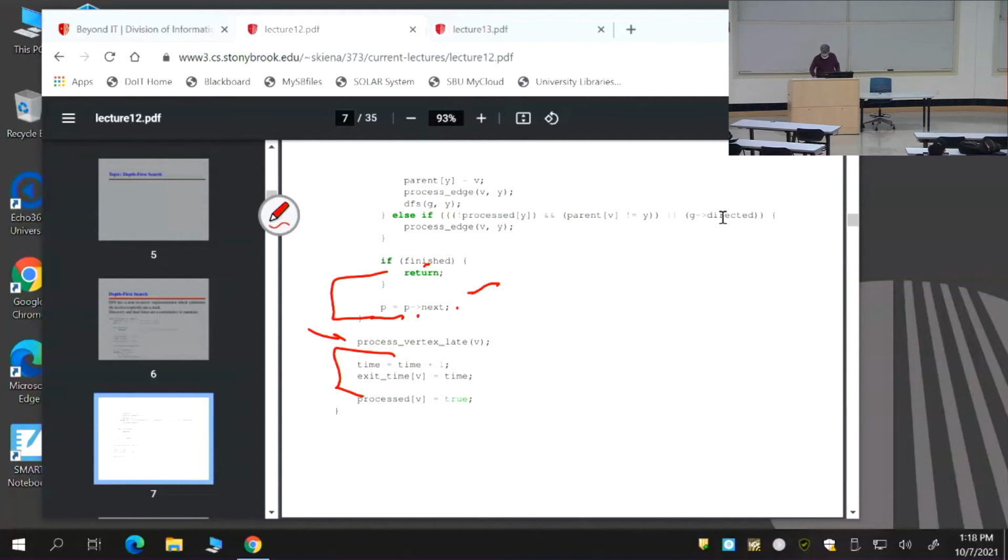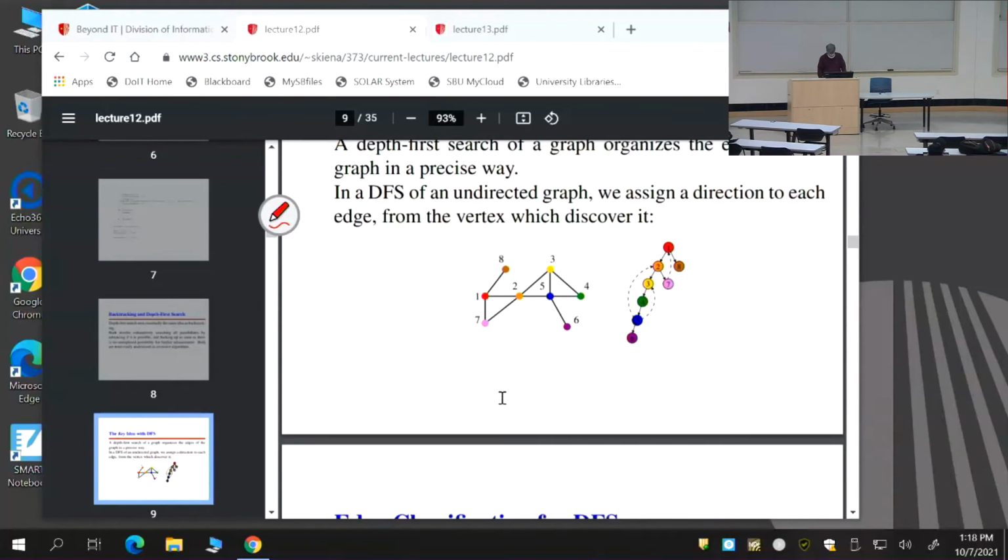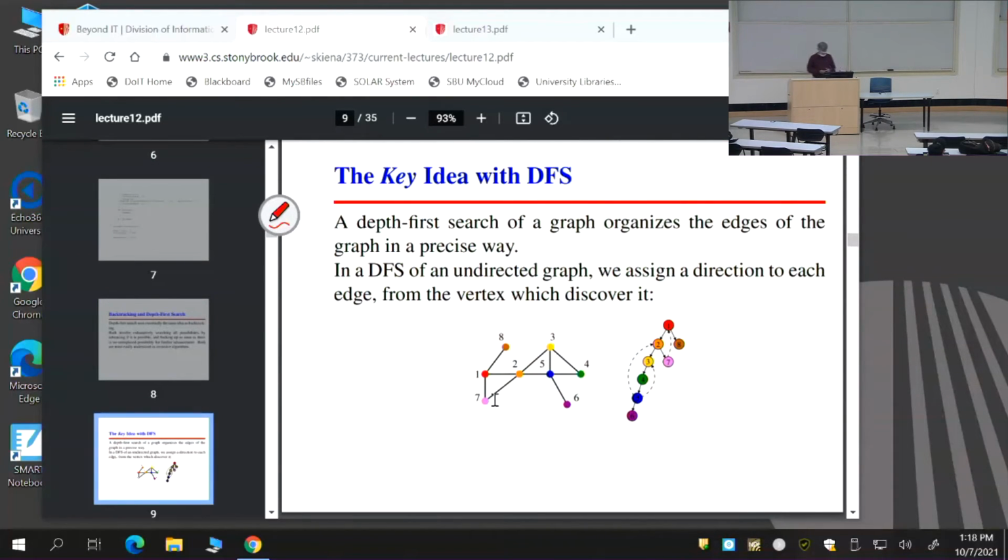You can think a little about what the entry and exit times of vertices are. Let's see if I can reconstruct it on the example we did, and there's a reason why I'm going to mention it. Here was our example.